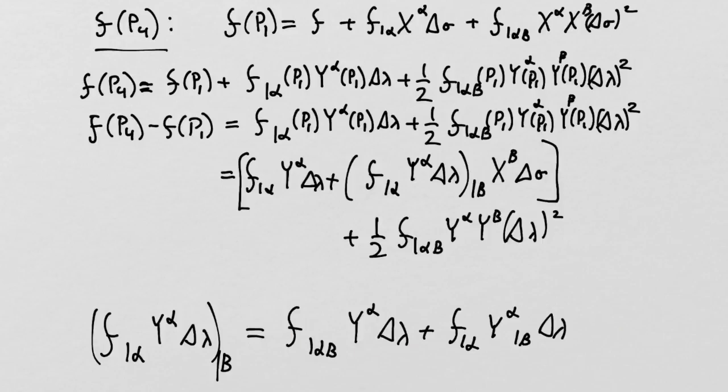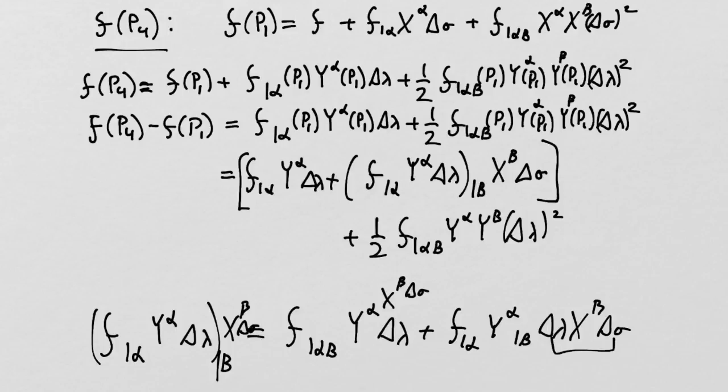And so now, although there's a second derivative here, this expansion is still only first order. But when you substitute it back here, you pick up this delta sigma, so you end up with an x beta delta sigma there, and an x beta delta sigma here.